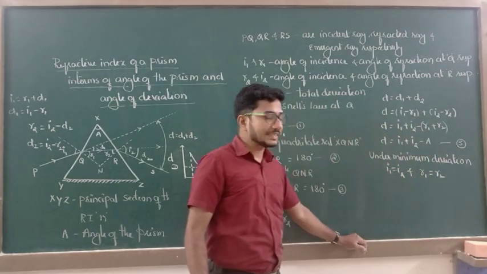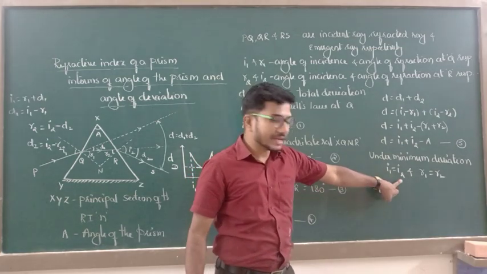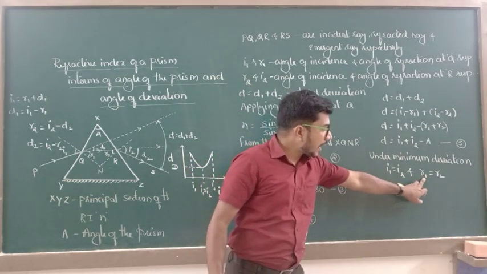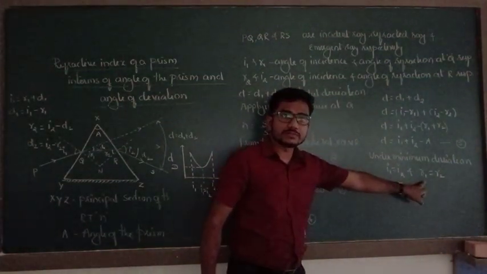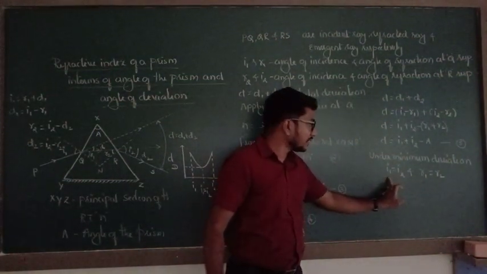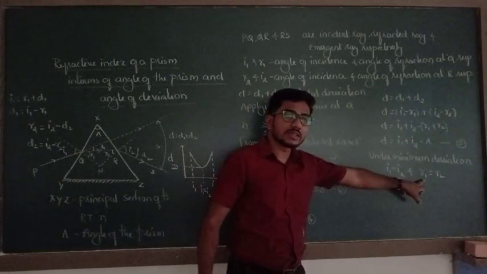Try to understand this concept. I1 is equal to I2, R1 is equal to R2, not I1 equal to R1.